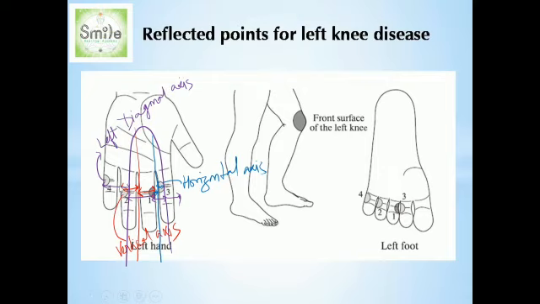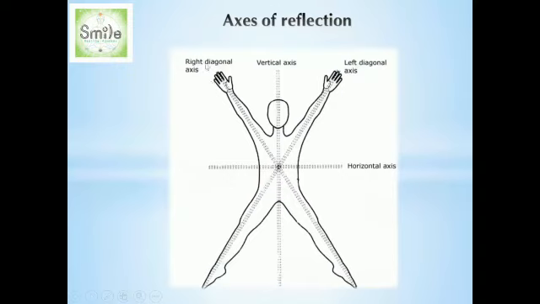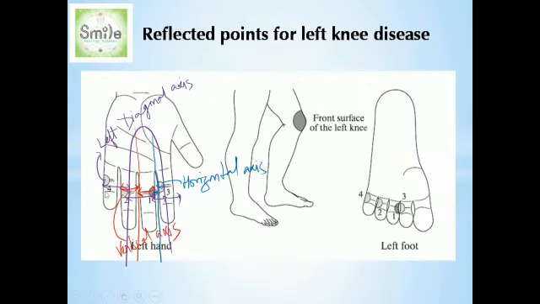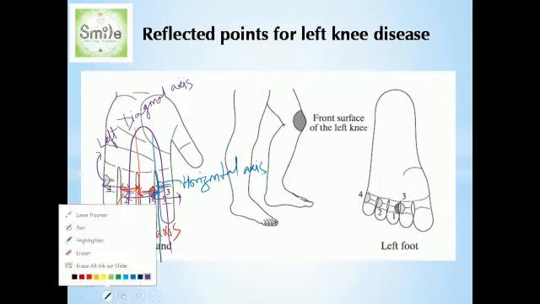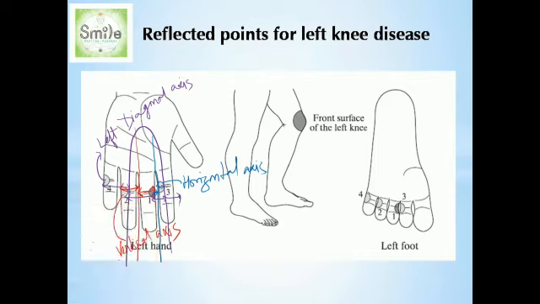Okay, now where will the point be for the right diagonal axis? The right diagonal axis is passing from the right hand to the left leg. You can use the green color here.